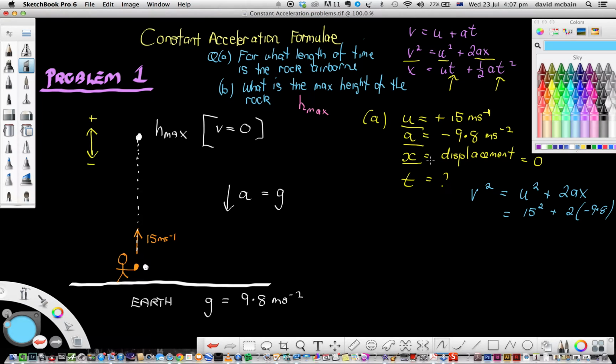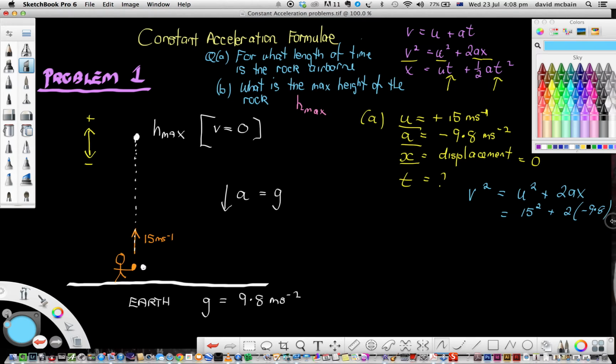That makes our calculation quite easy, because all of that is multiplied by 0, so that just cancels out to nothing. So it's just left with 15 squared. So v squared equals 15 squared. That means that v must equal 15. Well, actually, it's plus or minus 15.